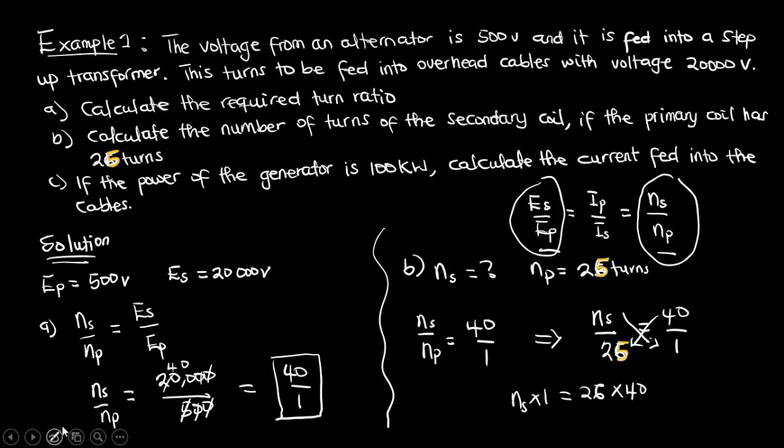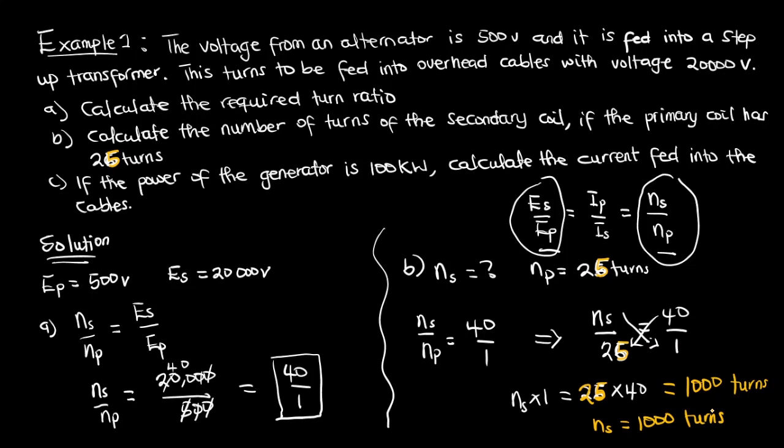So this side is going to be 25 multiplied by 40, and if we do that, it's going to give us 1,000 turns. So the number of turns in the secondary side is 1,000 turns. So this is the answer for the B part.